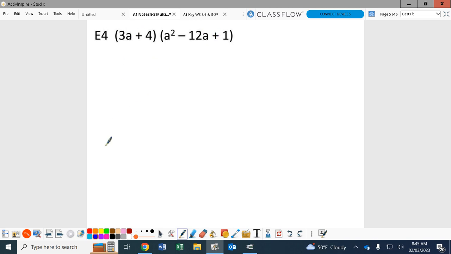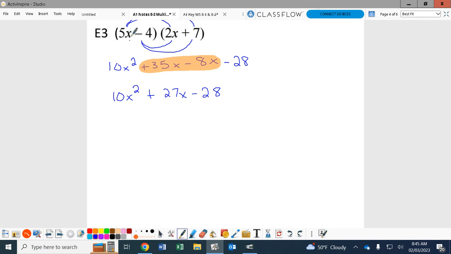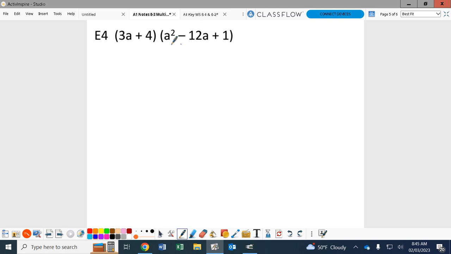Now, I'm going to go back before we move on. Guys, what is 2 times 2? 4. Look how many terms you got. 4. See that? So, if I have 2 and 3, how many terms do you think you might get? 6. 2 times 3 is 6, because you got to distribute to each one. So 2 times 3 means I should get 6 terms.